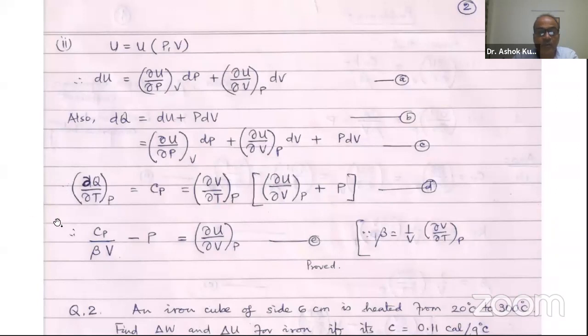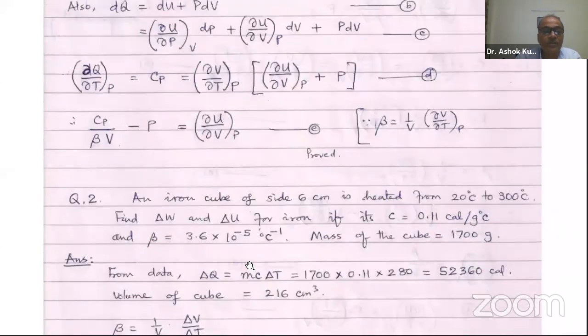So this kind of problem could be asked as applications of Maxwell's relations. In fact, the energy equations are applications of Maxwell's relations, so you can say they are deductions out of the applications of Maxwell's relations.